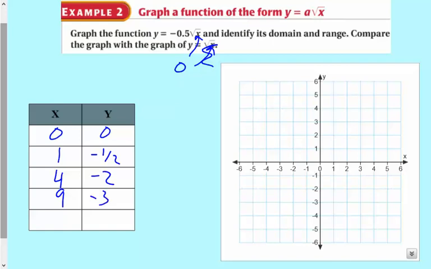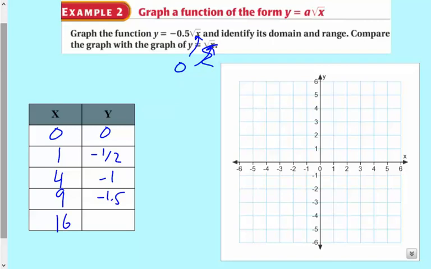Let's see, square root of 9 is 3, and then 3 times negative 1/2, so half of 3 is 1.5, so negative 1.5. I did something wrong here. Square root of 4 is 2. 2 times negative 1/2 is negative 1. Okay, I knew something was wrong there. Let's try that again. Negative 1, negative 1.5. Then I'll plug in 16.